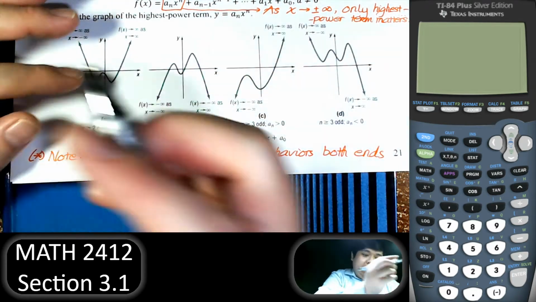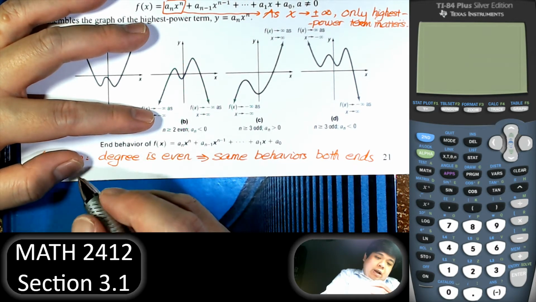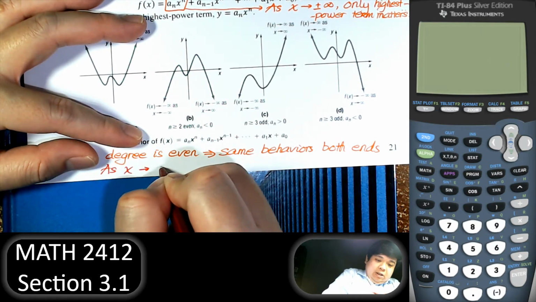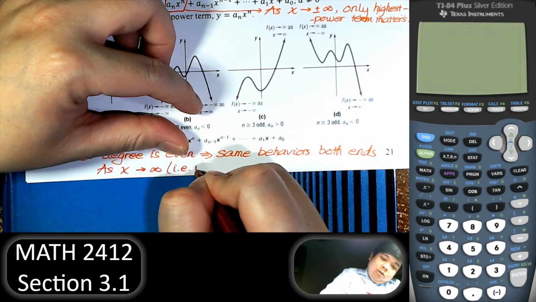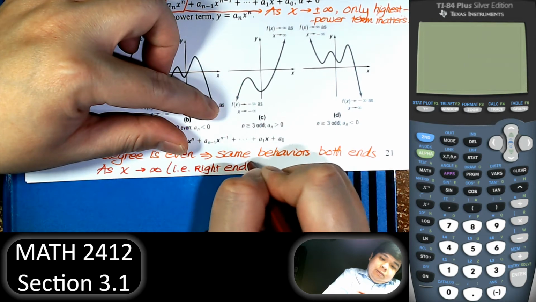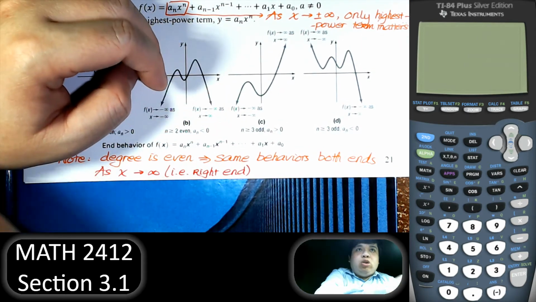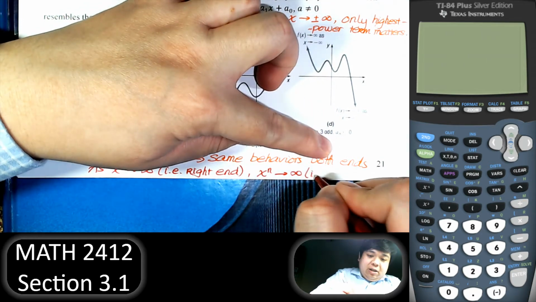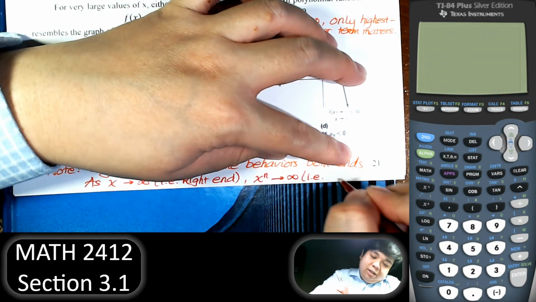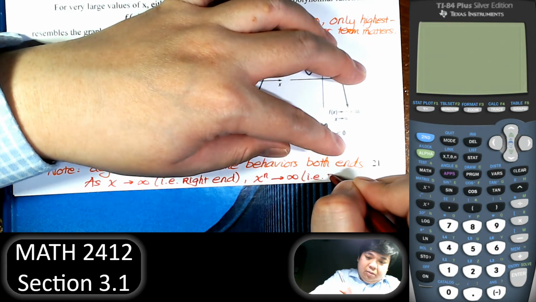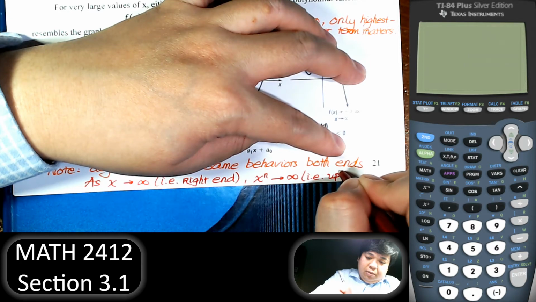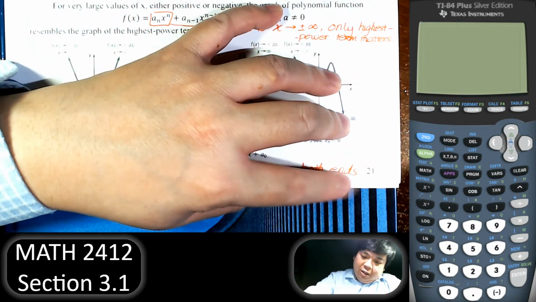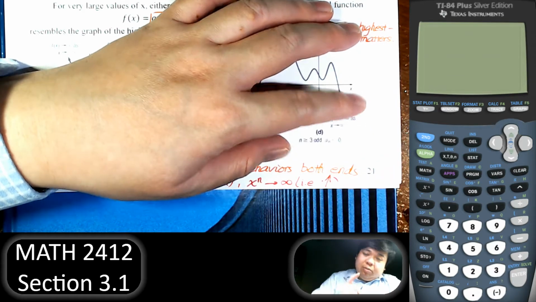As x goes to positive infinity, meaning the right end, x to the n power of course goes to infinity as well, meaning the right end goes up. Maybe I'll just draw the picture to explain. Just go up.